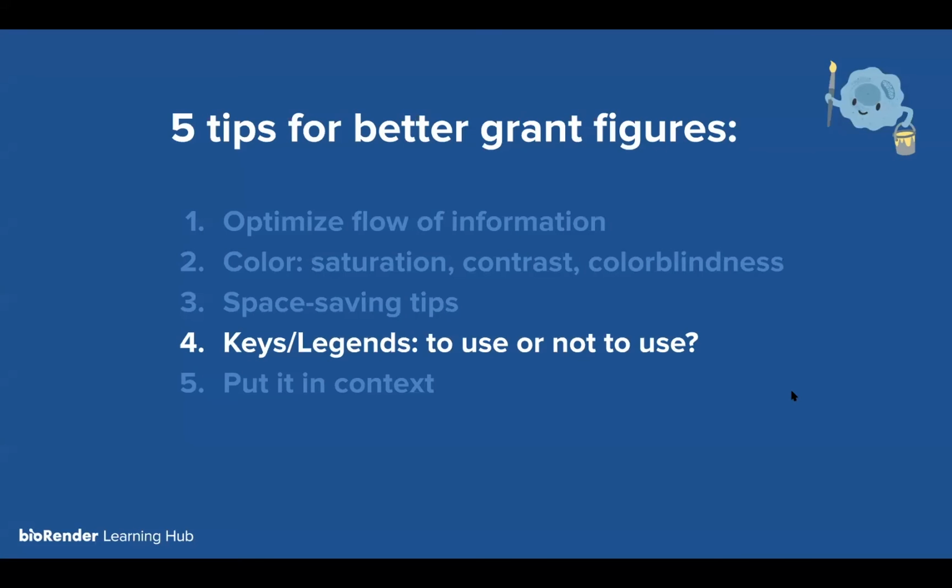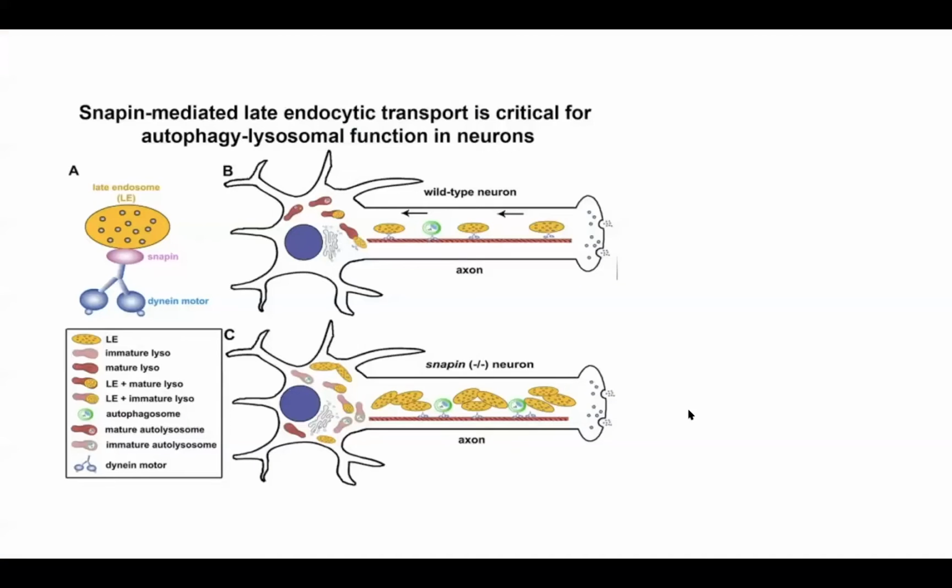Okay, so last two tips here, keys and legends: to use or not to use. We get this question a lot, and they can be your best friend or your worst enemy, depending on how well you use it.